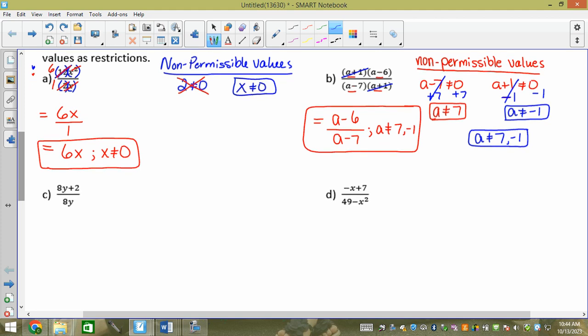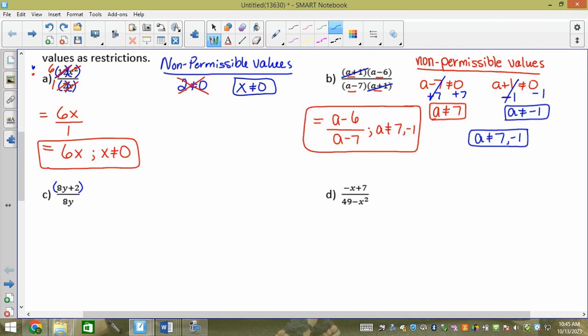So those are, one's a monomial, one is already in factored form. Now these ones, I get people doing this. It's completely incorrect. First off, you didn't say non-permissible values. Second, this 8y plus 2 is attached, is it not? So this 8y plus 2 is actually a binomial.